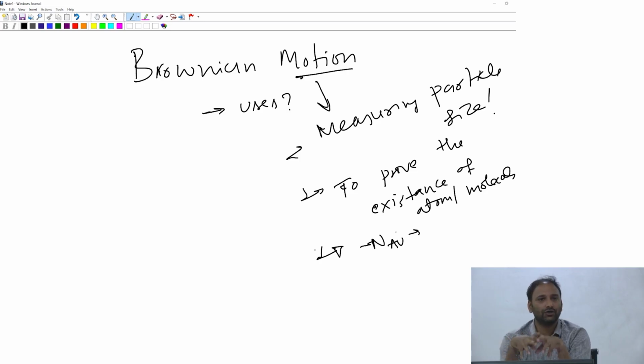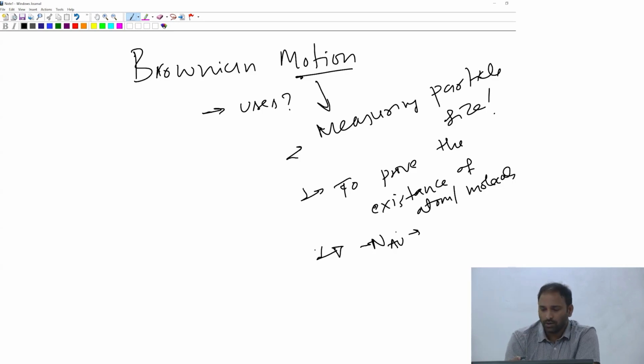Plus, have you heard of the Avogadro number? We know that 1 mole of any substance has 6.023 into 10 power 23 atoms or molecules. One of the proofs for the calculation of the Avogadro number came from measuring Brownian motion.